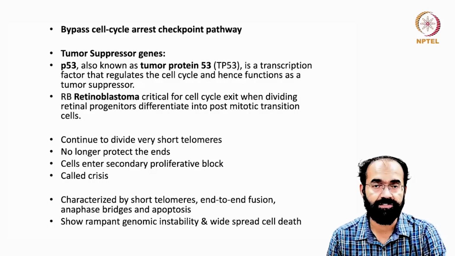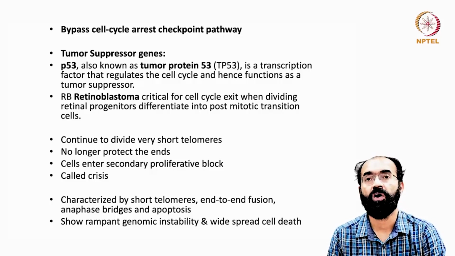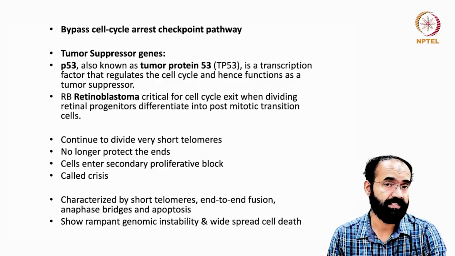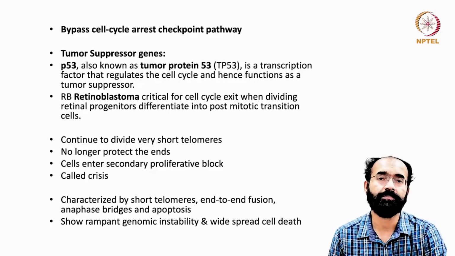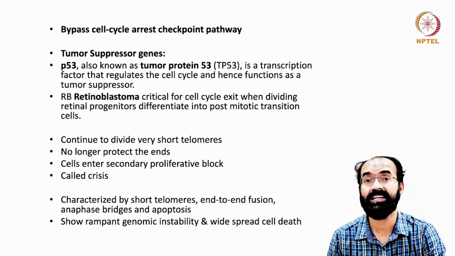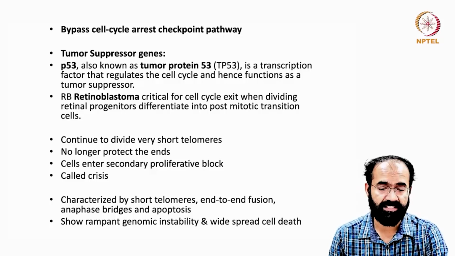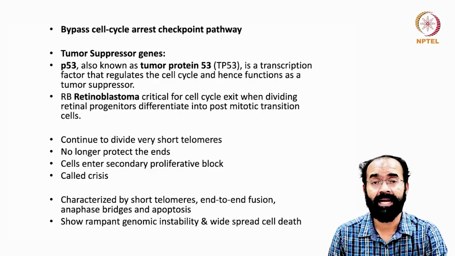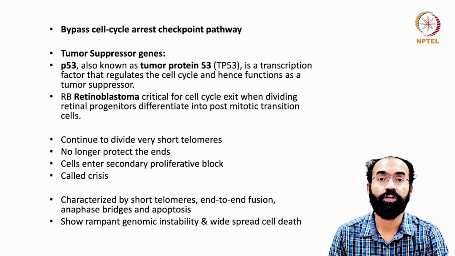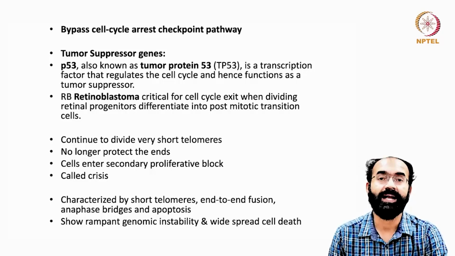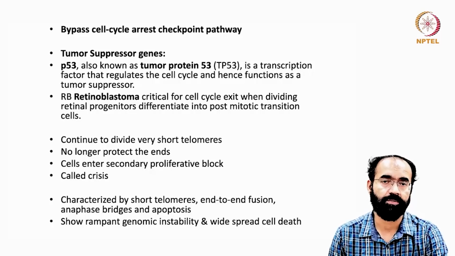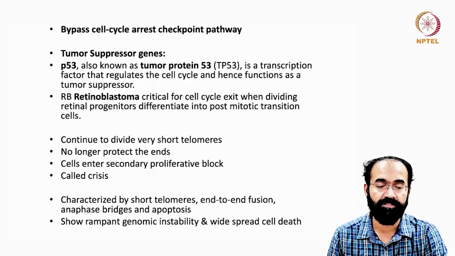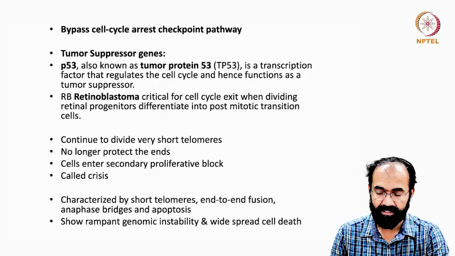In anaphase the cells separate, and next is telophase, where they literally separate. That is the final stage. So they will have problems with anaphase, and they show rampant genomic instability and widespread cell death will happen. So this can lead to real complications, eventually giving rise to a cancerous phenotype.